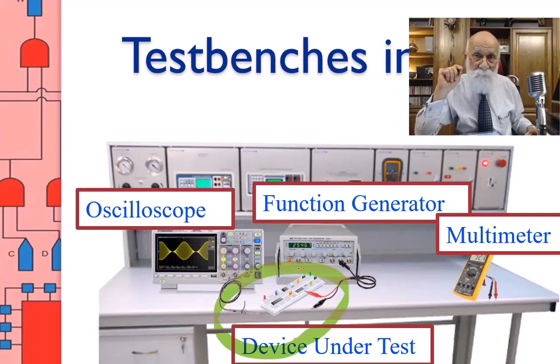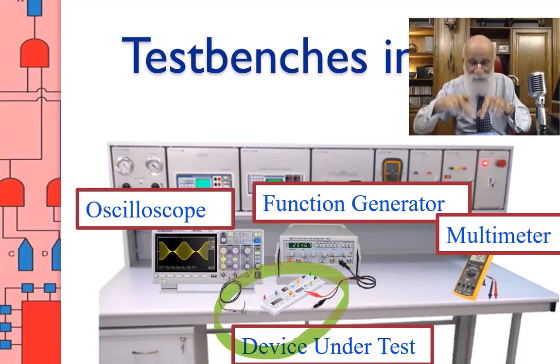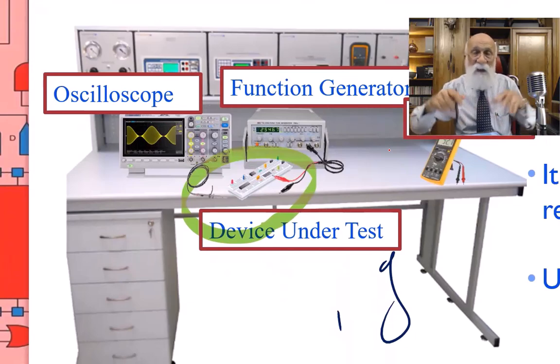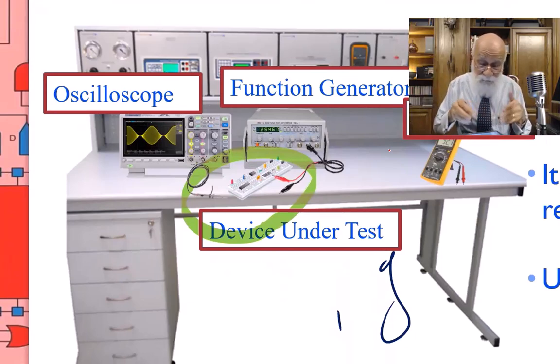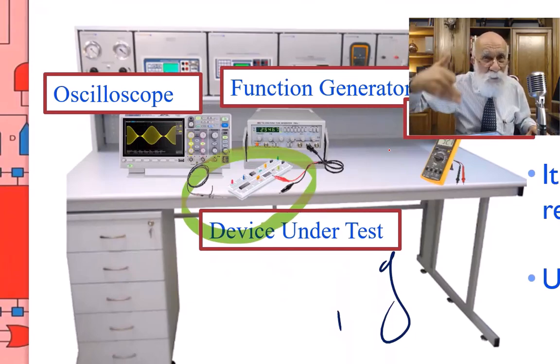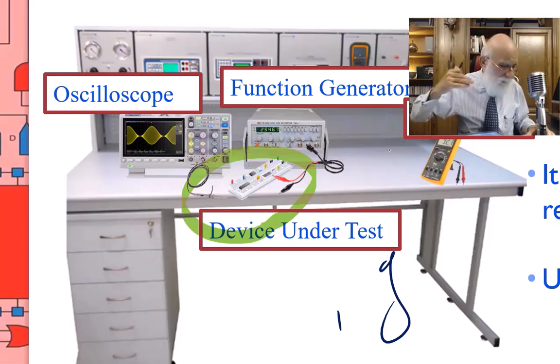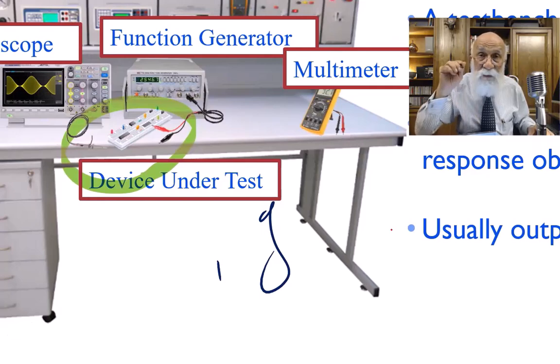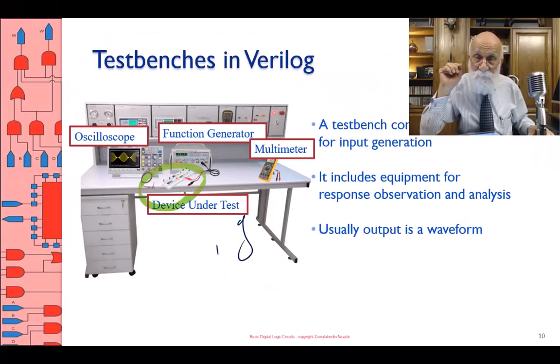And then I take this green circuit in Verilog and the Verilog description of it, and put it in the test bench. The test bench applies waveforms to it, inputs to it, and then eventually it comes up with output waveforms.